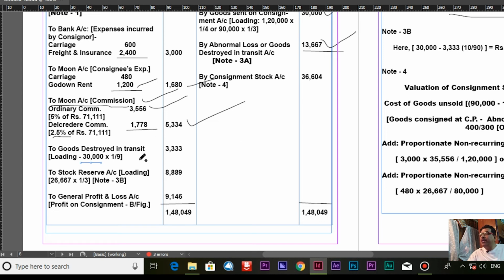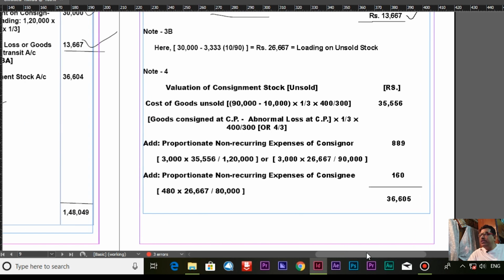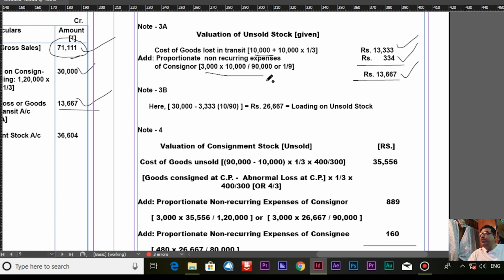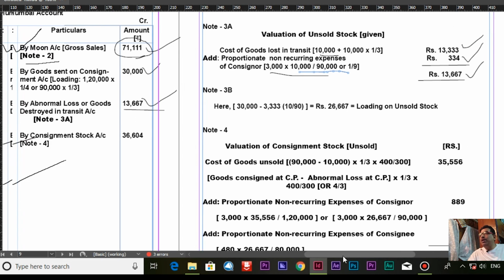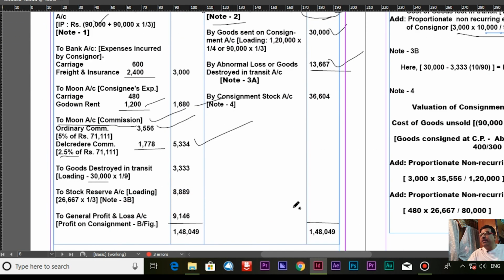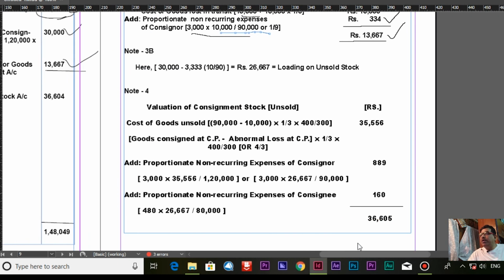Now 1/9, that is 10,000 divided by 90,000. That was the loading. And if we see that this is loading, therefore 30,000 into 1/9, that is 3,333. It is loading. Therefore, we have to charge on the debit side. Now, come to the point of closing stock.